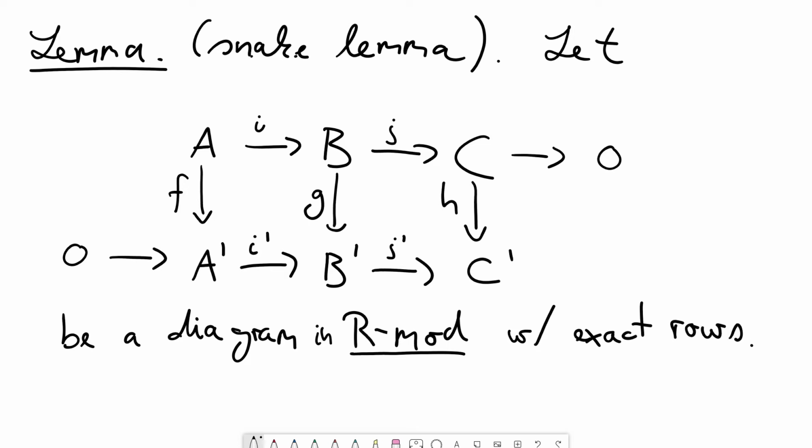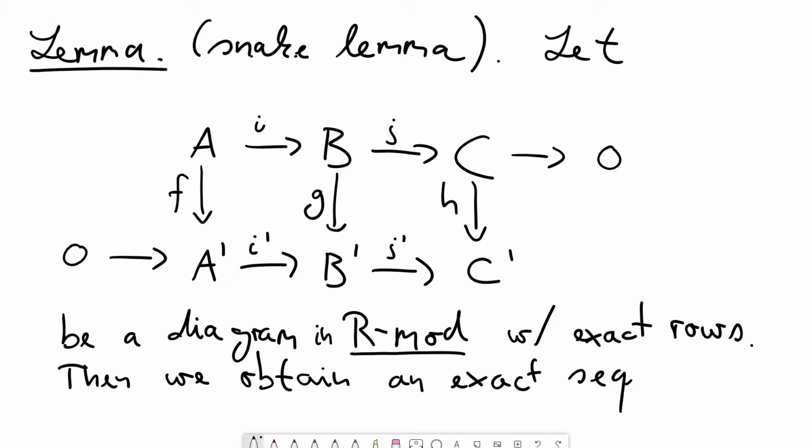Okay, so those are the prerequisites of the lemma, and then the statement is that we obtain from this an exact sequence of R modules, which looks as follows.